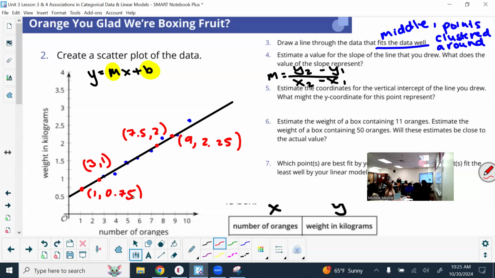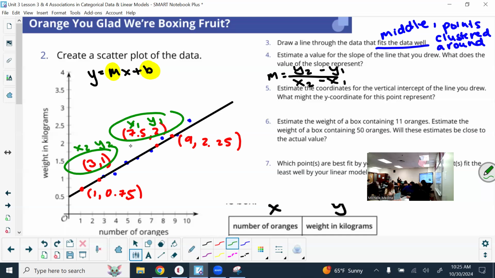You need to pick 2 points from the line to estimate your slope. We found 4. You can pick any 2 that you want. I'm going to pick this one and that one, because why not? They just have to be on the line. Now, in order to use this formula, just make one of them x1, y1, and the other x2, y2.